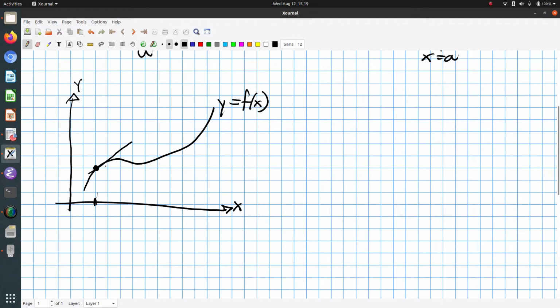And so in essence what it does is it says, well, if I were to go 1 unit, so this is 1 unit, then I should roughly go up by this amount. So this slope is f prime of x.